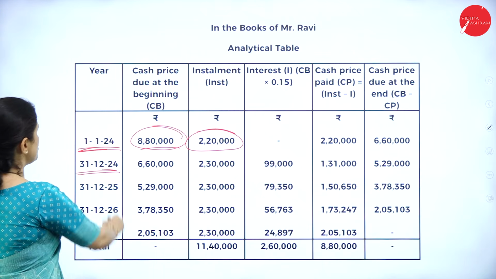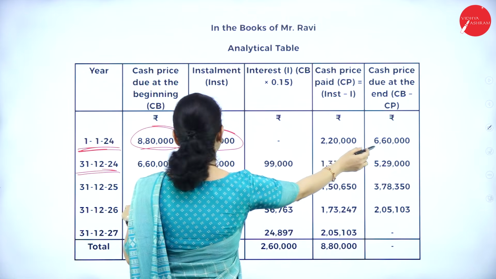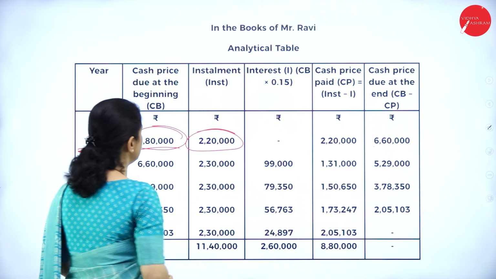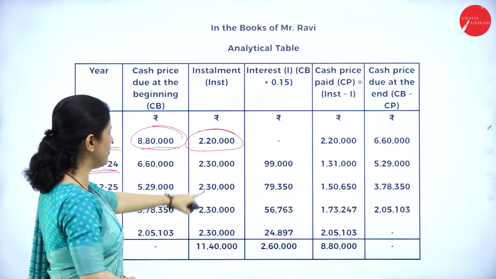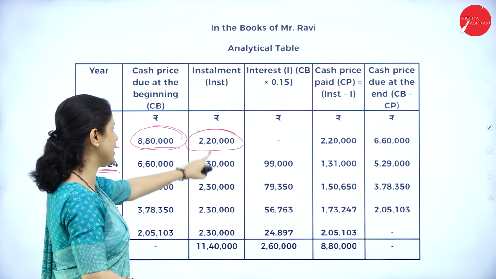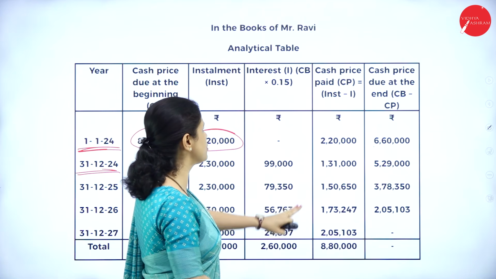So write all the years' cash price at the beginning. That means this will come here, this will come here, this will come here, and this will come here. After that, write all the installments, that is 2,30,000, 2,30,000, 2,30,000 and 2,30,000, and this is the cash payment. After that, calculate the interest and write the total of this.